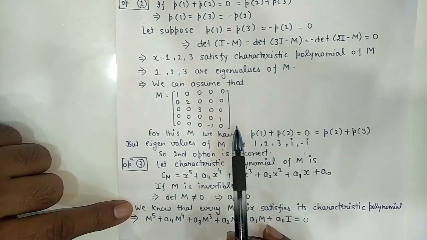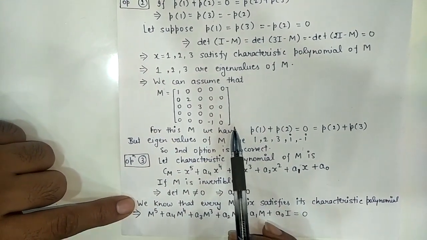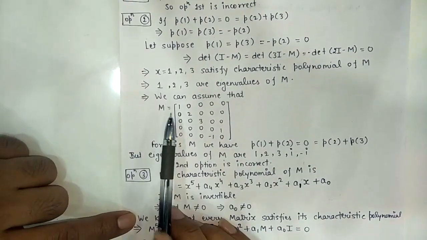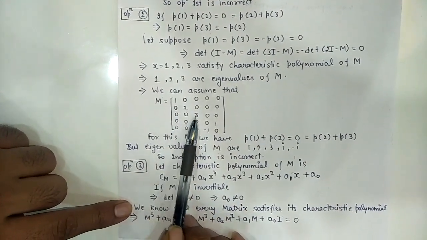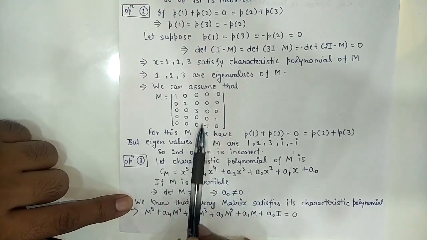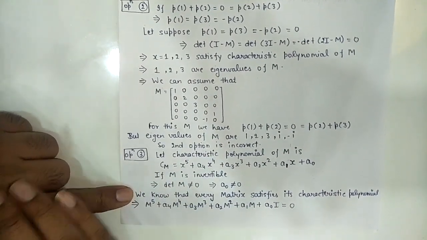Because M is a matrix of order 5 cross 5, we took 1, 2, 3 as diagonal entries, and these entries 0, 1, minus 1 and 0.